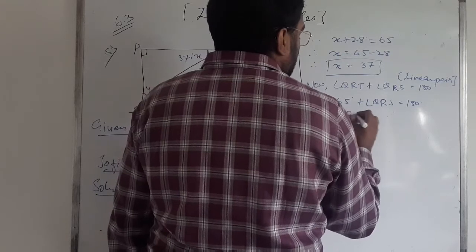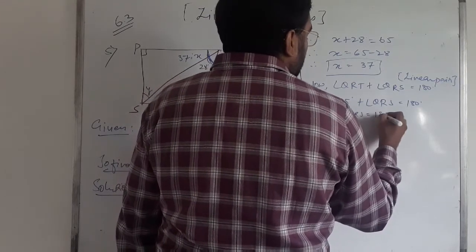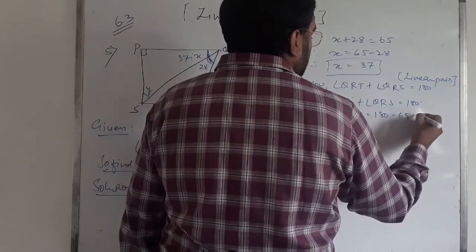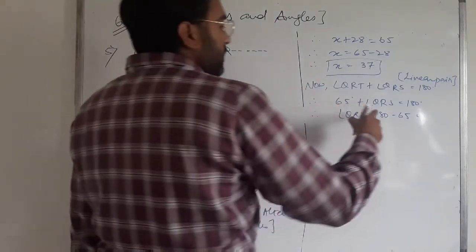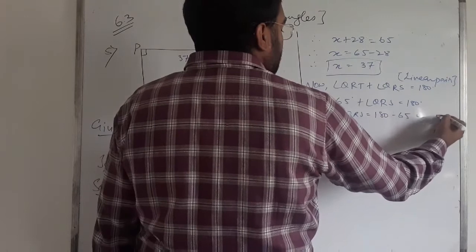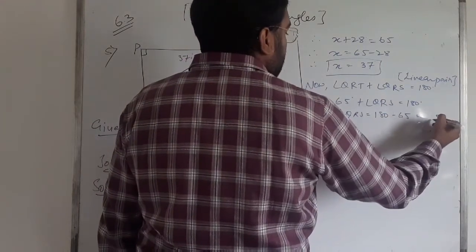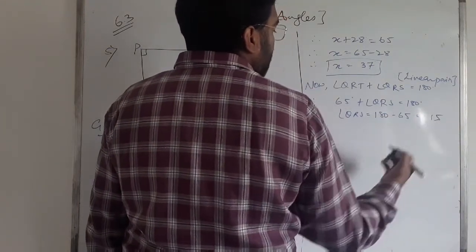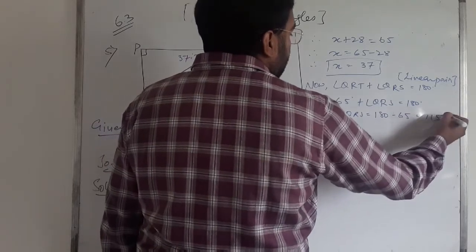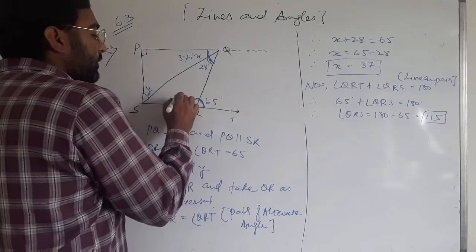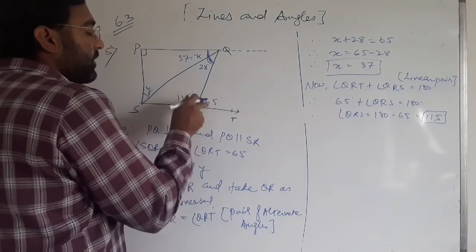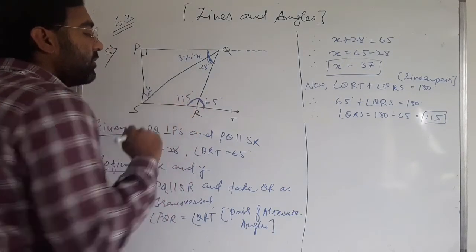Therefore angle QRS is equal to 180 minus 65, that is 115 degrees.